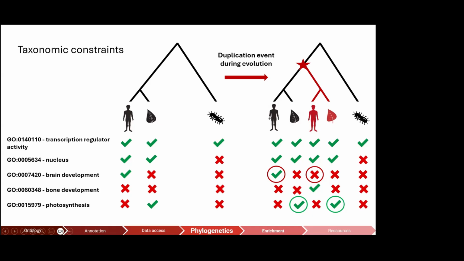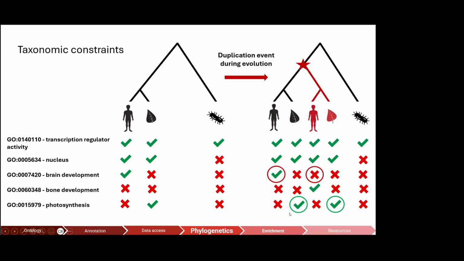But what happens when you have a duplication event somewhere during evolution, duplicating animals and plants? You can think that maybe transcription factor activity is conserved because it's present in bacteria and everywhere. But again, the nucleus, if it's a transcription factor, is present also everywhere, not in bacteria, of course.